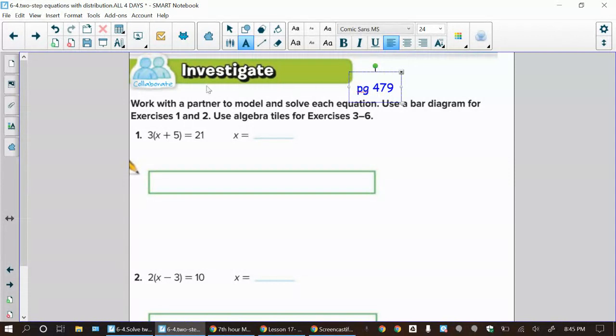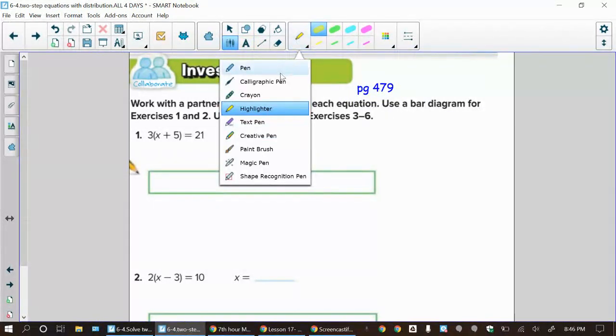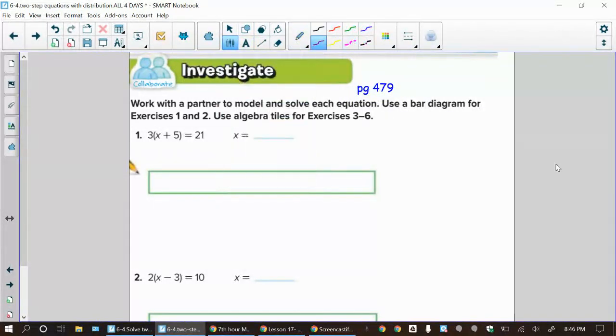We have 3 times x plus 5, and that equals 21. So what does that tell us? Well, I need to know. Let me go back to a pen here. We know now that this whole bar here, how much is that going to equal?